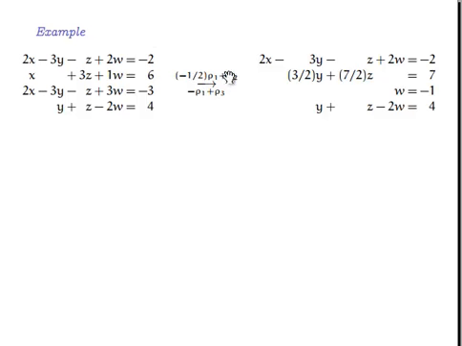That's expressed by this operation here. And I can eliminate the x from this equation by taking the third equation and subtracting the first equation. That's expressed by this operation here. I don't need to eliminate x from this equation because it's already gone. The result of these operations gives me this system of equations. I can act on this system of equations.